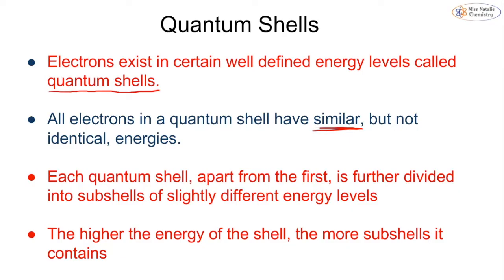Each quantum shell, apart from the first one because it's very small, is then further divided into subshells of slightly different energy levels. So imagine that we have a school that is then divided into classrooms. That's the way that this works with quantum shells. The higher the energy of a shell, the more subshells it contains. Okay, and we're going to look at what that means in a little bit more detail.